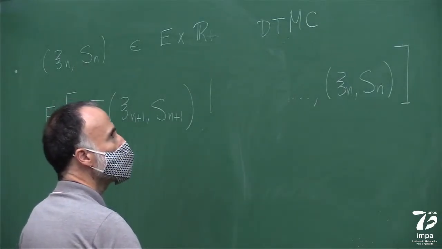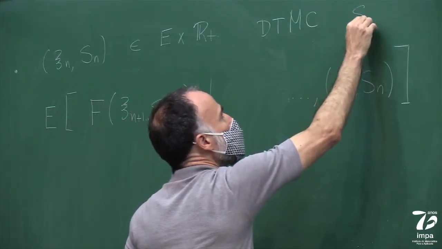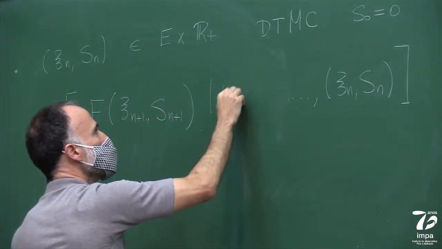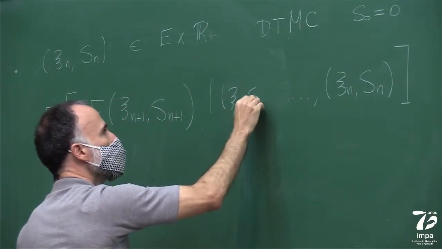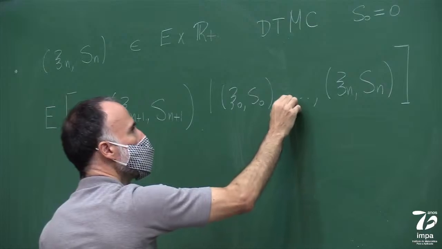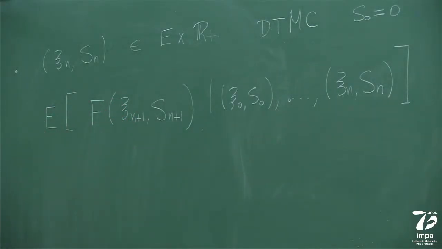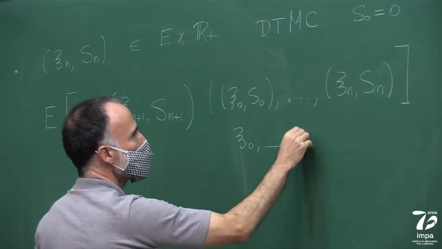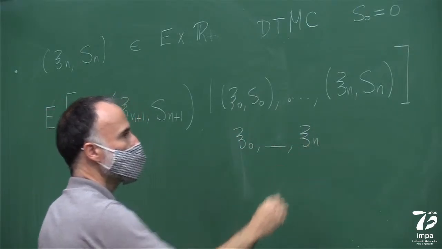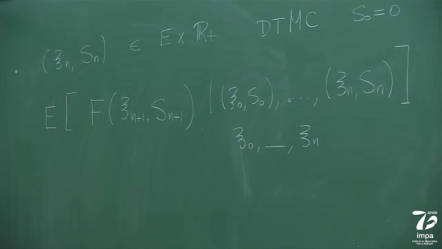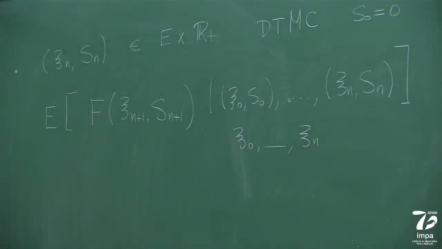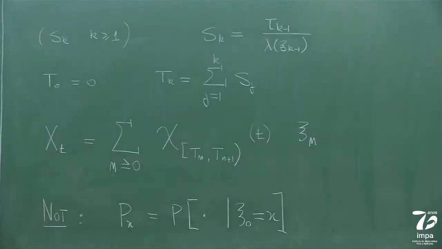Let me define S0 as 0 to include it here. I know the values of xi 0 up to xi n, and now S1 up to Sn are given by this formula.